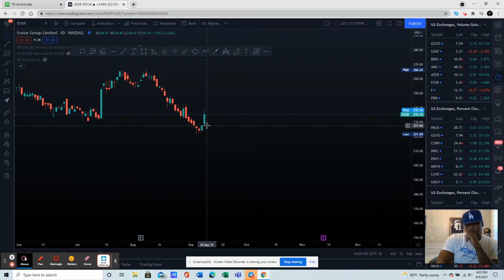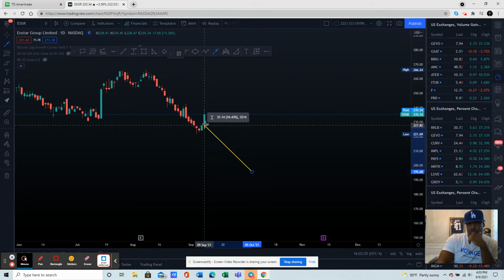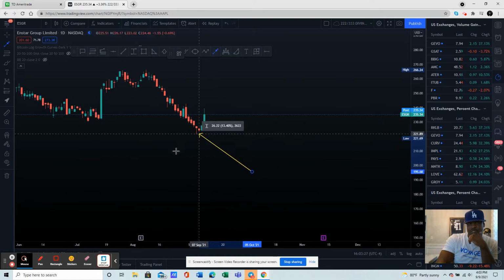It closed yesterday at $227.64, and then at the open it gapped up to 228. So that's the little percent gap that it did. Typically the next day's candles are going to still be within the same range right here and build from here, but you see the little gap, just a little gap.